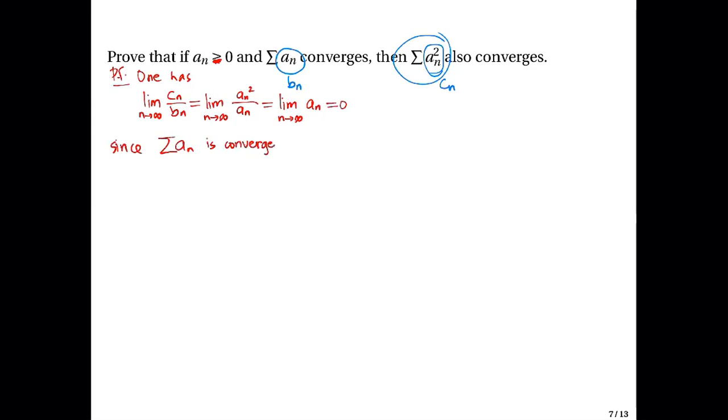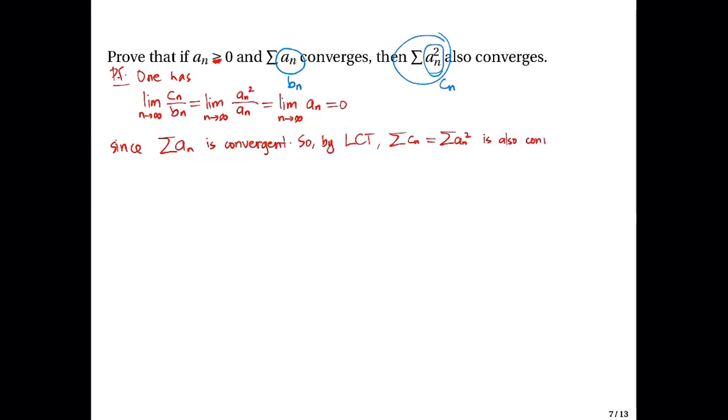Now, the limit is equal to 0 and your Bn, which is this one here, is convergent. So your Cn must be convergent. By LCT, limit comparison test, the series Cn, which is just your series an squared, is also convergent.